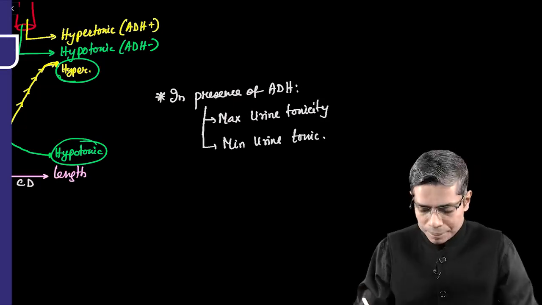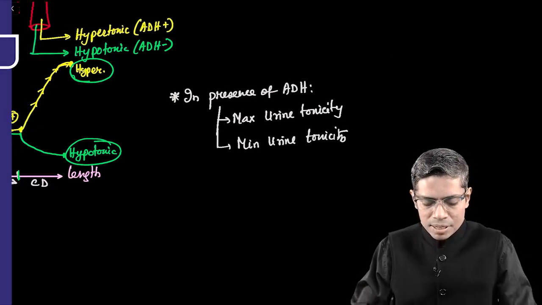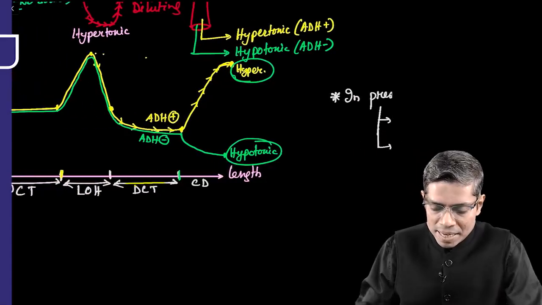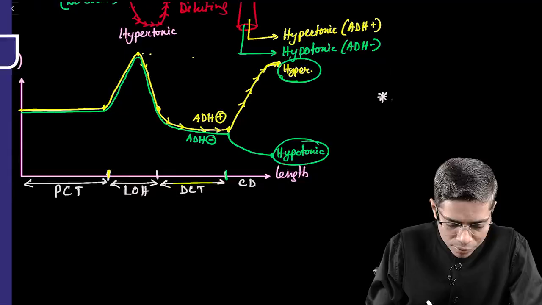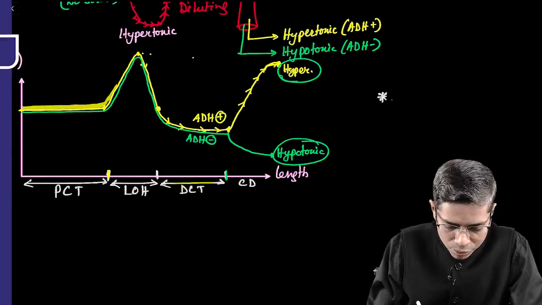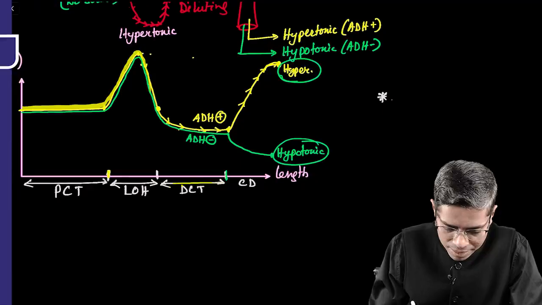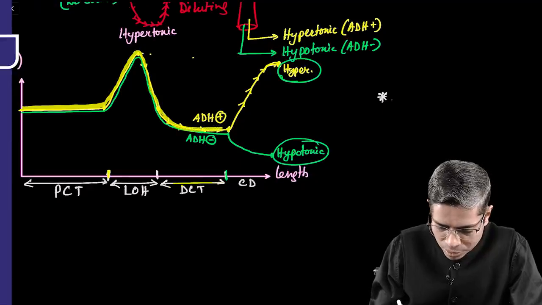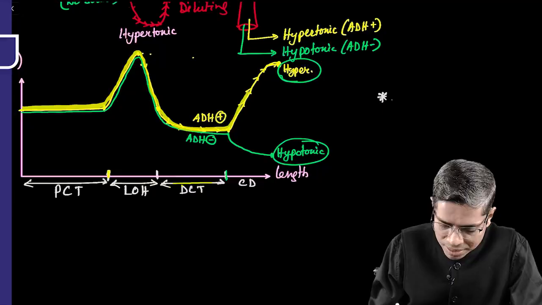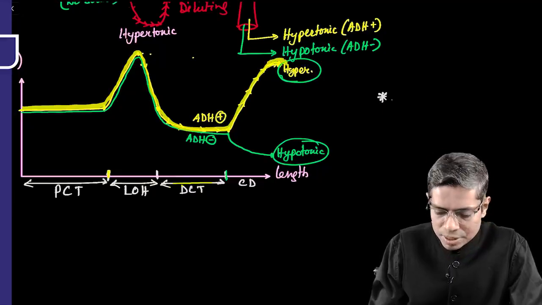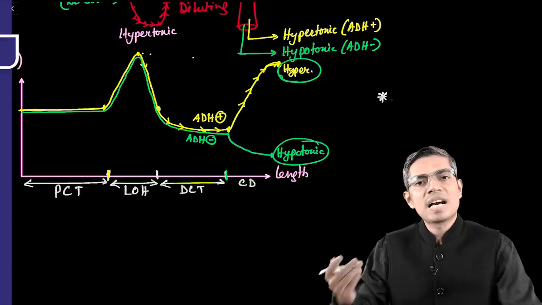Now look at the curve and try to answer. In the presence of ADH, I am following this yellow curve. The tonicity is rising, rising, rising, then it decreases to a very low level at the DCT, then rises further and matches that of the tip of the loop of Henle. So where is the maximum tonicity?